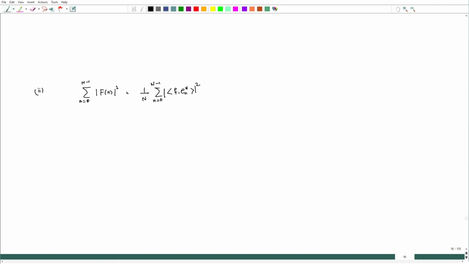So, this is equal to 1 over n summation over n equal to 0 to n minus 1 of mod of summation over j equal to 0 to n minus 1 of f of j, inner product E j star E n star, whole square.